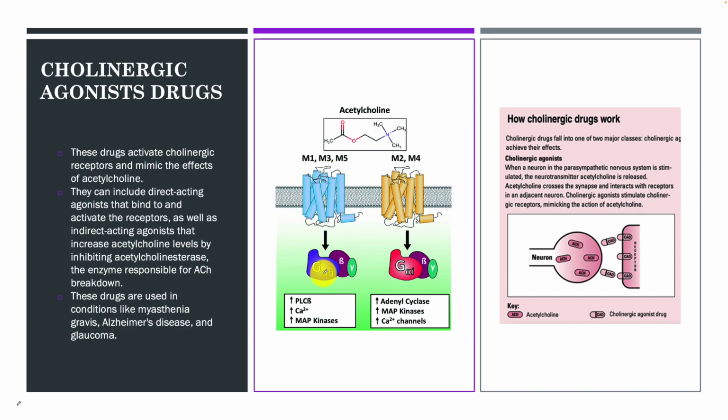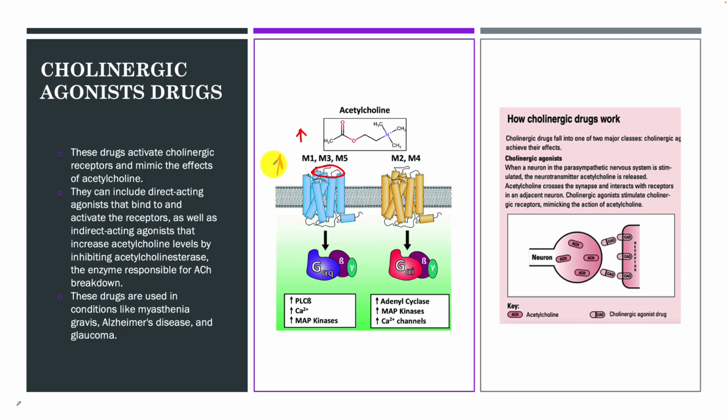You see the G protein down there. If a drug was binding to it as an agonist, this would increase. So we can have a drug bind to this receptor and increase that receptor's signaling.